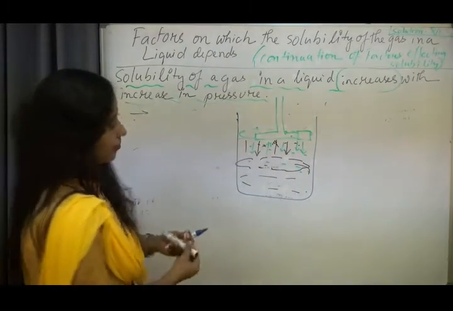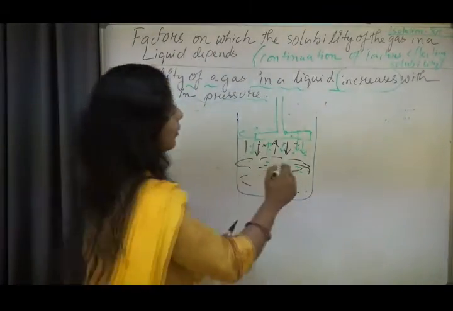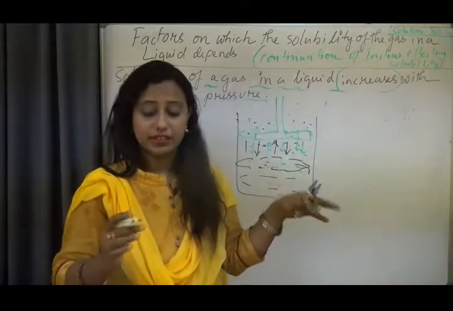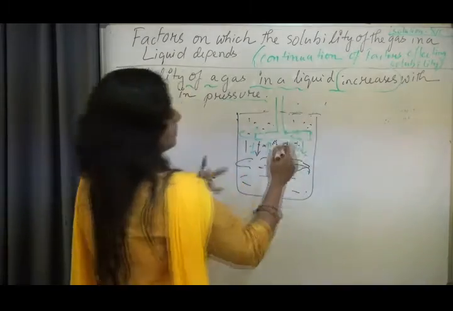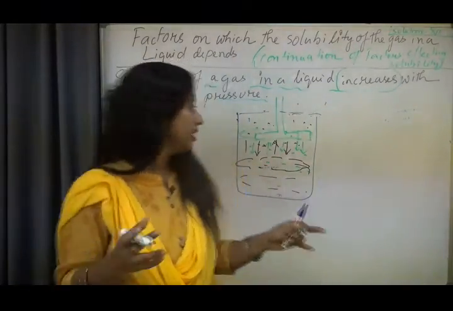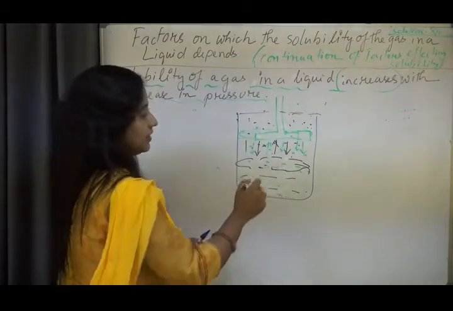Whenever the piston is applied forcefully, what happens? The air present in this container, which should be airtight so that nothing interferes with the inner surface, comes in contact with the piston.